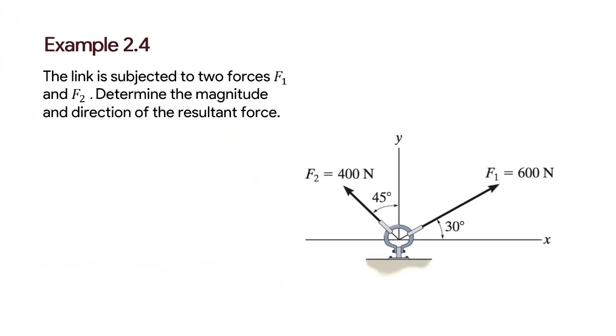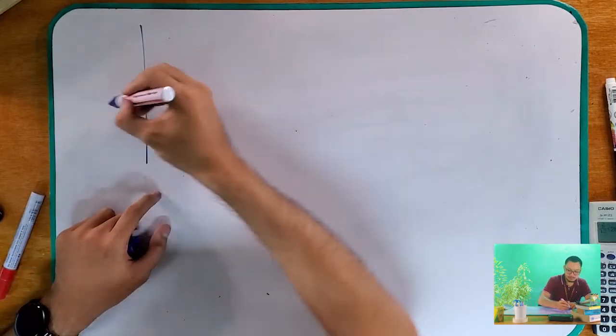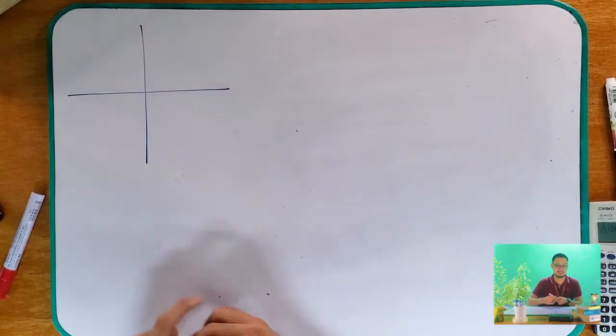Number 2. We have this link that is subjected to two forces, which is your F1 and F2. And we have to determine the magnitude and direction of our resultant force. So, how can we solve that problem? So, ato sa i-draw na pod ang atong coordinates, which is ang atong x and y coordinates.